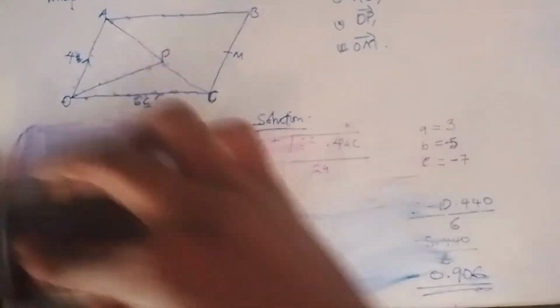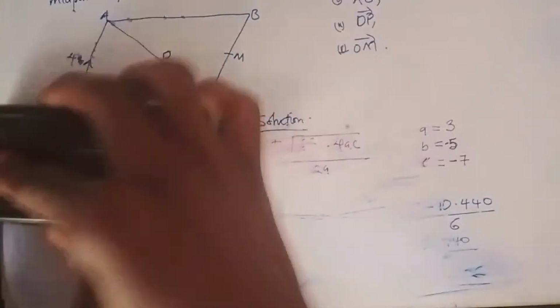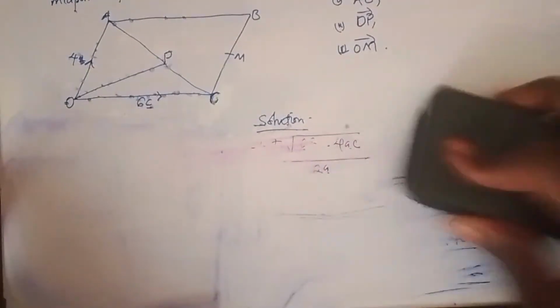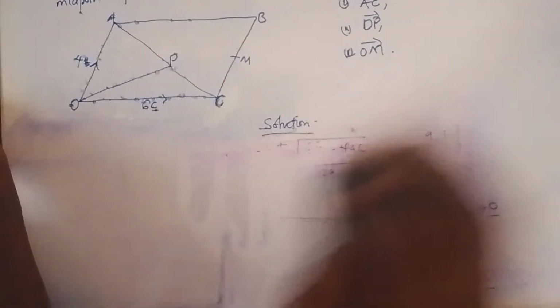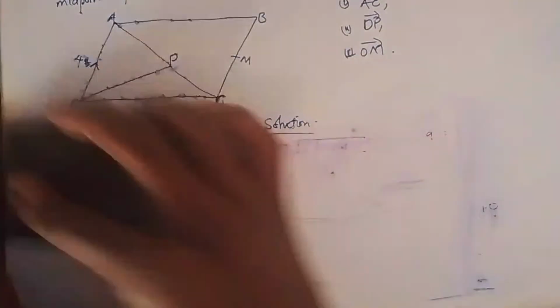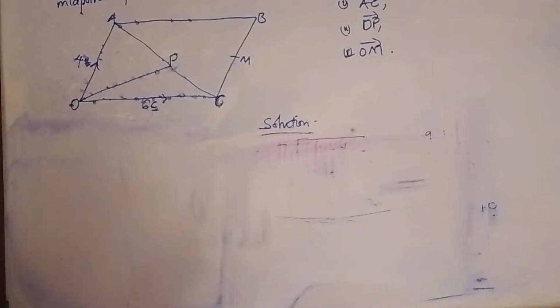So our next question is on vectors. Yeah. So for you that are watching the video for the first time, vectors is a quite simple topic, and it always comes in your what? In your paper 2, in section A.